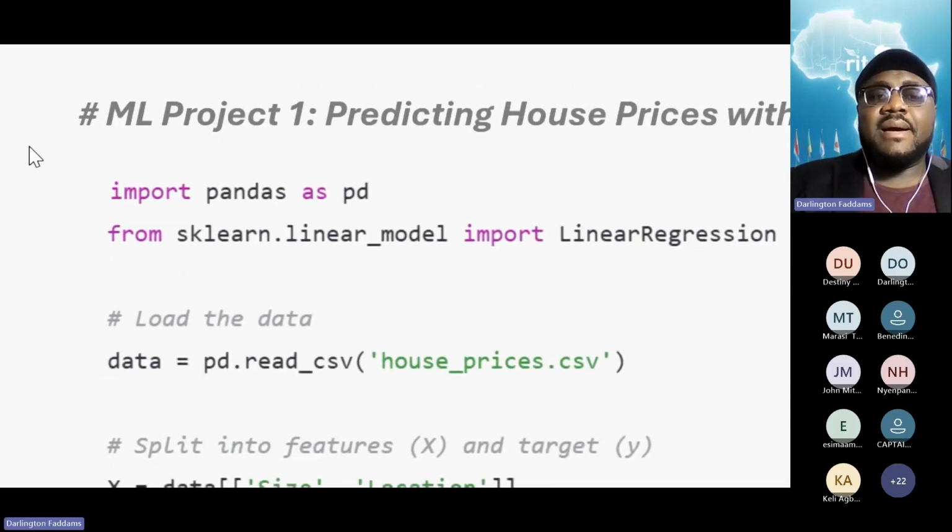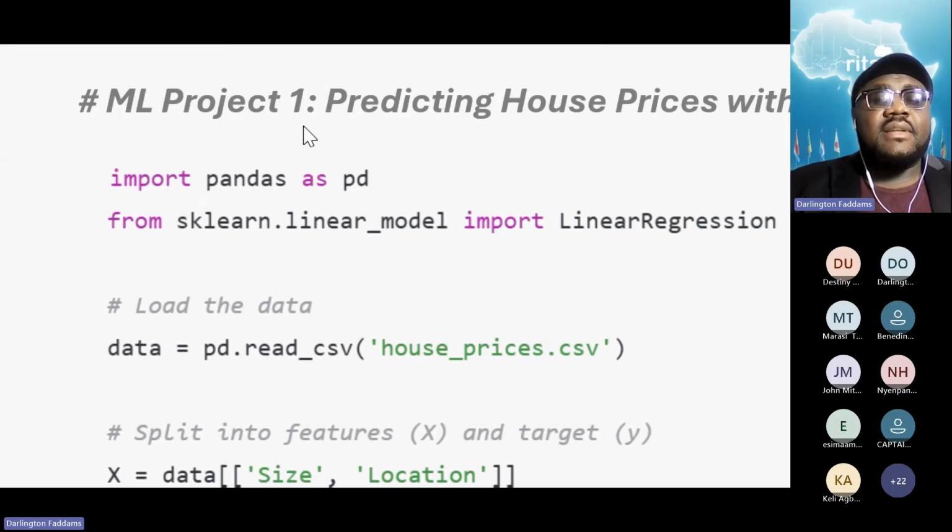Just like we learned about pandas in our Python classes, to create a machine learning model, you need to introduce pandas because you are going to be dealing with data. Then there is a particular library that has a lot of algorithms used in the field of machine learning.